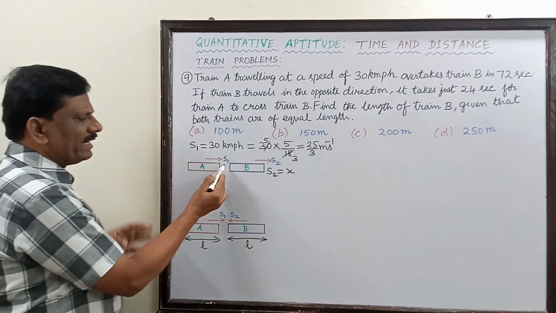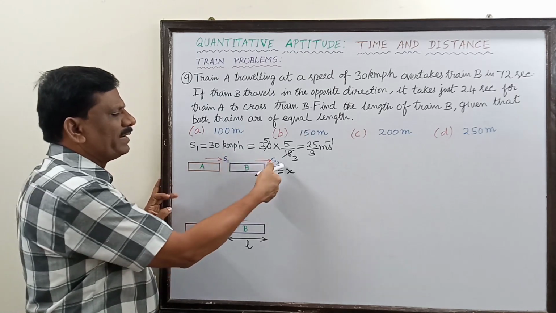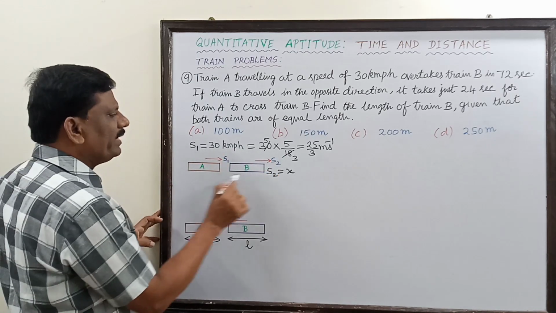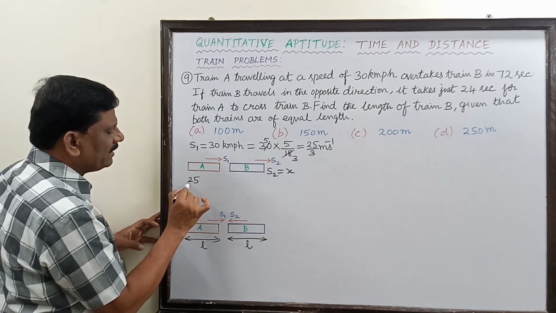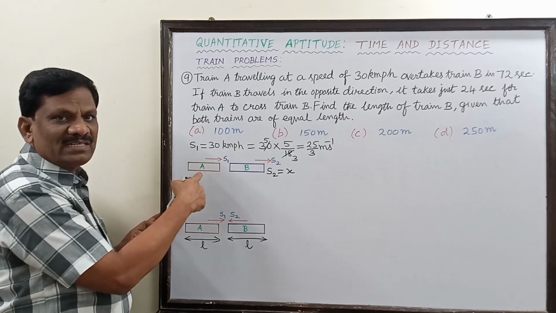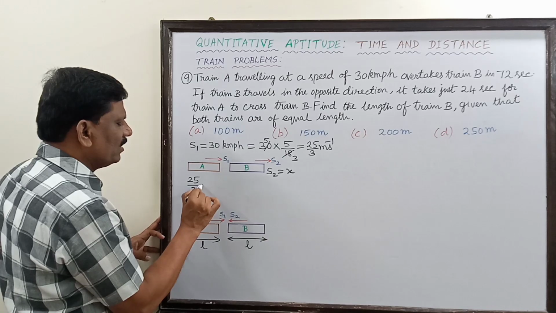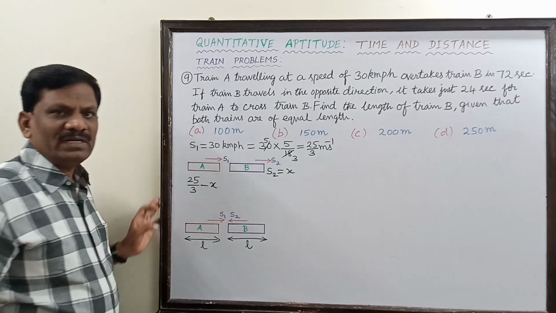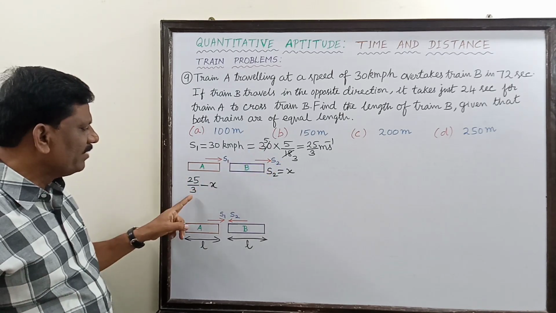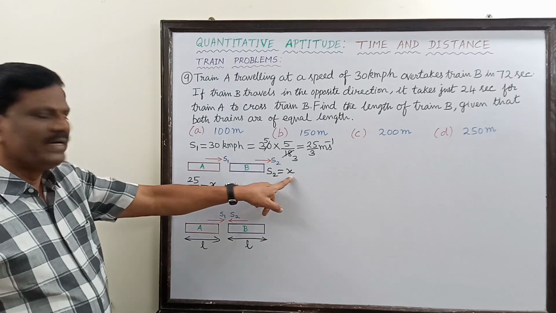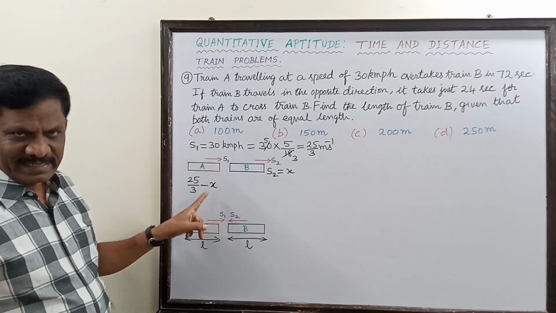So what is the relative speed? The relative speed of train A with respect to train B will be equal to what? 25 by 3 is the actual speed of train A, and since it is overtaking in the same direction, we subtract X. The relative speed of train A with respect to B traveling in the same direction is 25 by 3 minus the speed of the second train X. Speed of the first train minus speed of the second train.